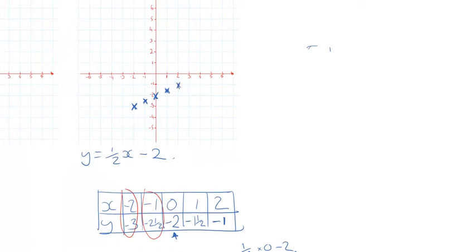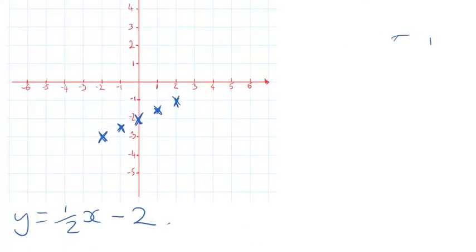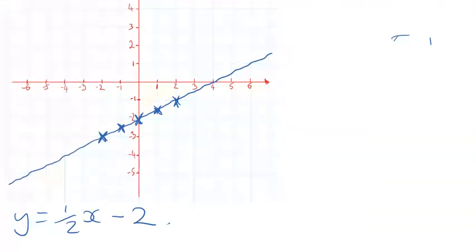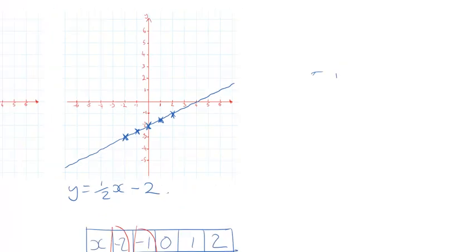So ours do form a straight line, and so we are in a situation where we can join them up, and we're going to extend them on, just like last time, in both directions. Your graphs are limitless, only bounded by the coordinates that we decide to draw. And there we are. We've drawn the line y equals a half x minus 2.